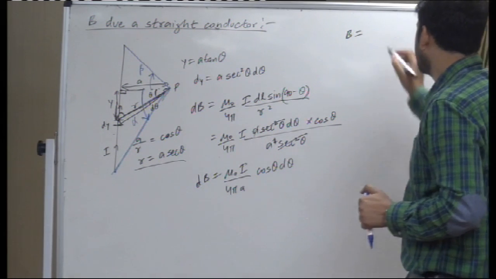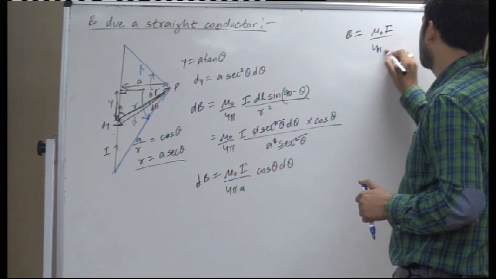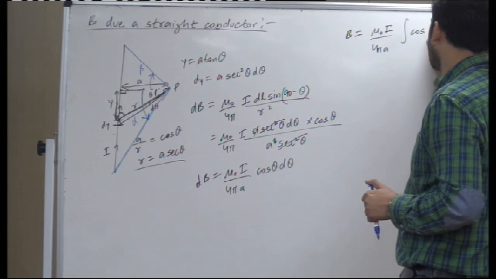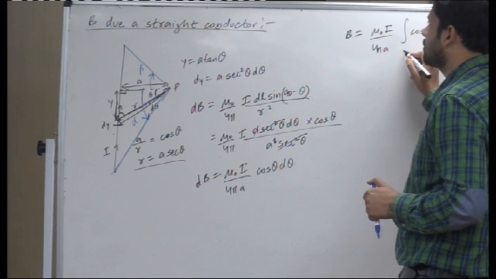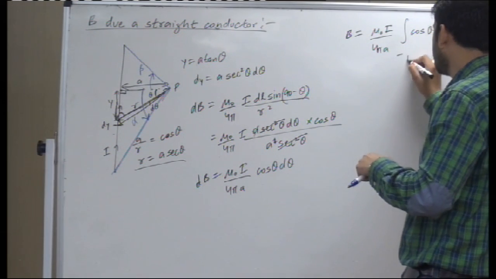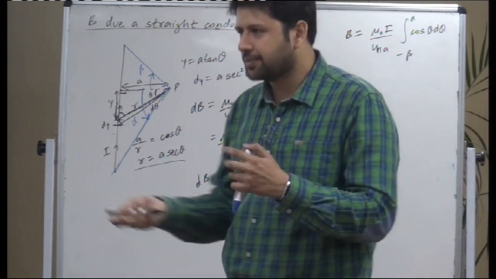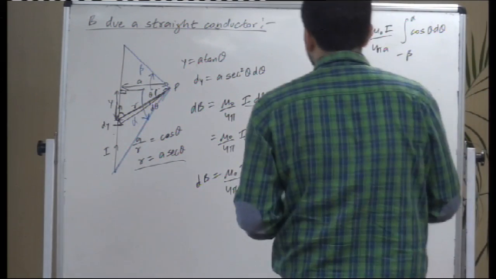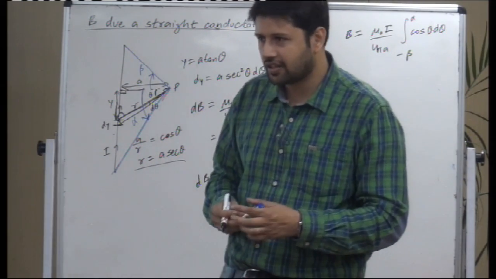So the magnetic field would be mu naught I upon 4 pi a integral of cos theta d theta from minus beta to plus alpha. You can take from minus alpha to plus beta as well. I am right now interested only in the magnitude. We have another law for direction as well, right?